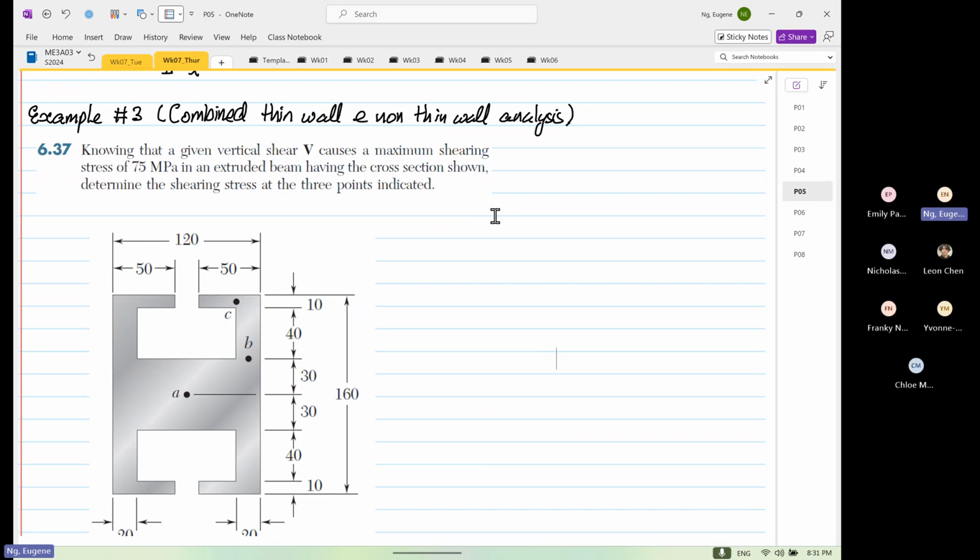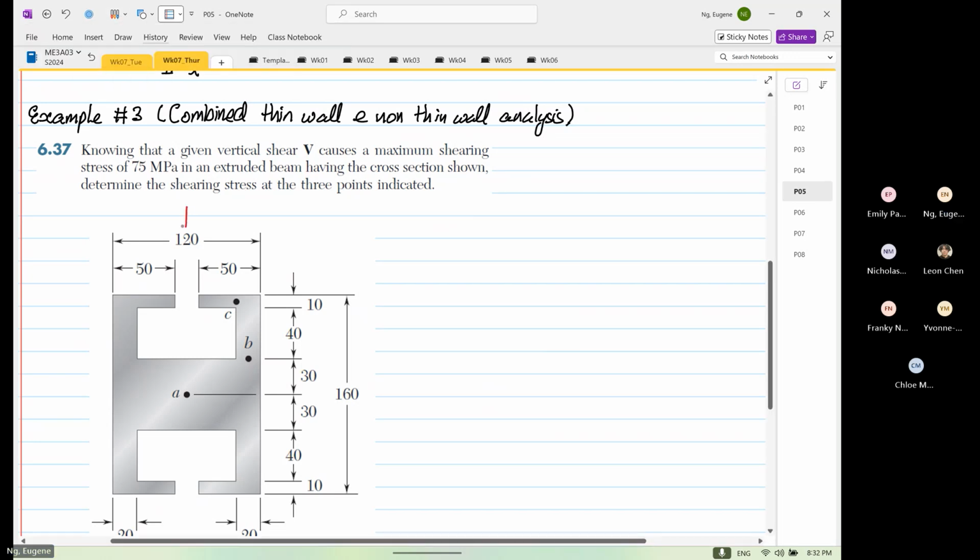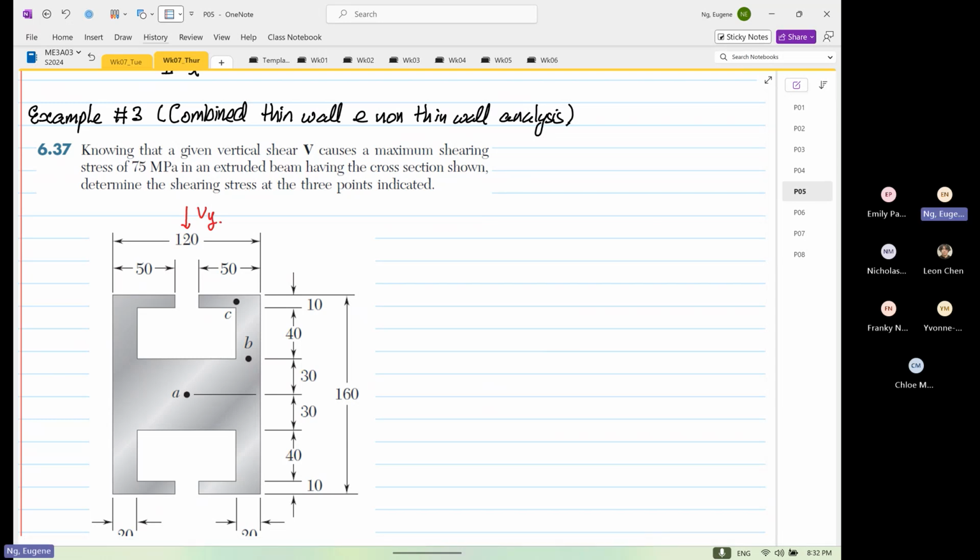Okay, so knowing that we are given a vertical shear, so we have a vertical shear over here coming down is Vy, cause a maximum shear of 75 megapascal in an extruded beam, having the cross section, determine the shearing stress at the 3 points indicated.